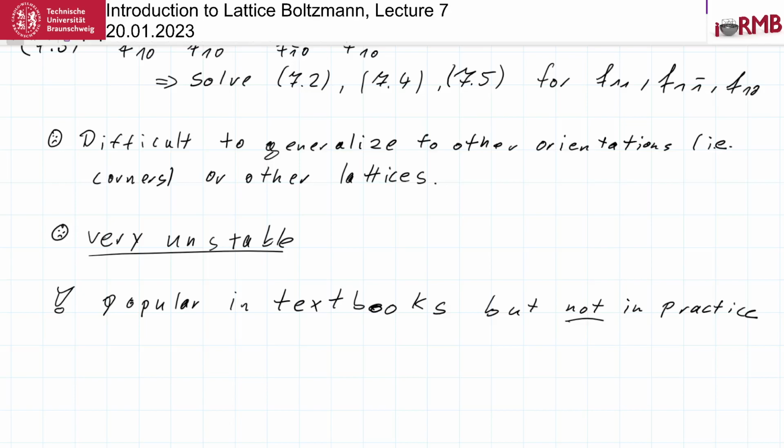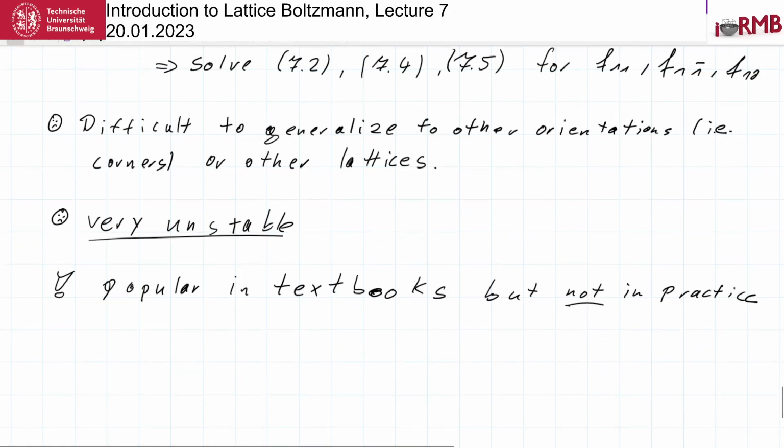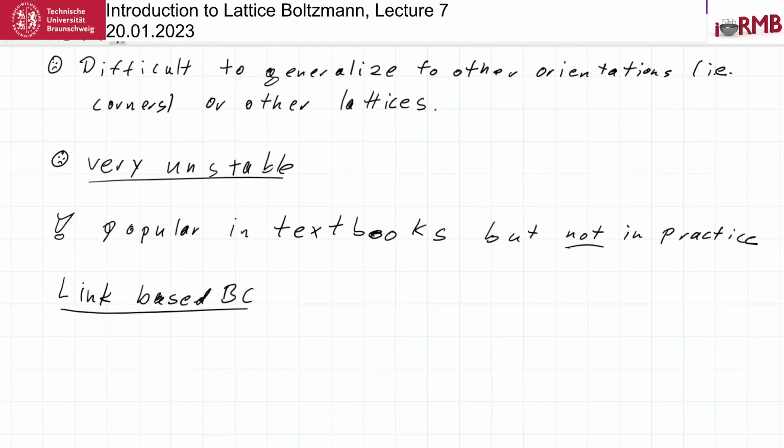Okay, sorry, let me see whether we can somehow do this, because here comes now the important stuff. Link-based boundary conditions. So now we did something that you may be familiar with from Navier-Stokes and from other cases. You have a node and you put your boundary there. So this appears to be very natural, but not in Lattice Boltzmann.